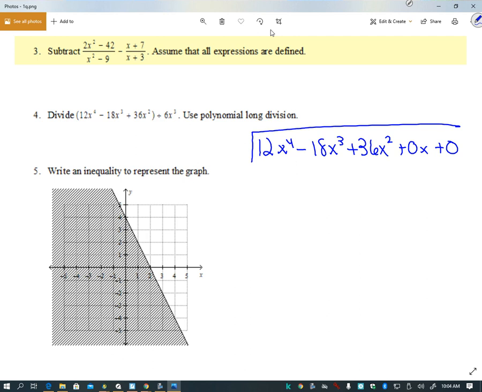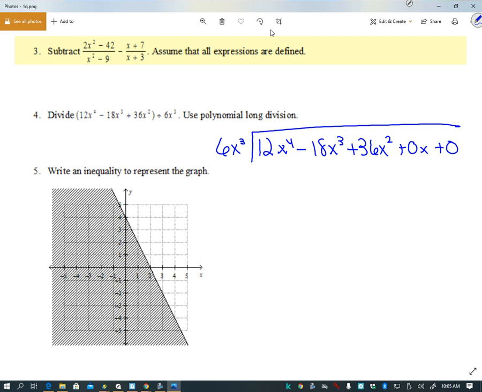Okay, what am I dividing this by? 6x cubed. Okay, let's go back to my back table to my left. 6x cubed into 12x to the 4th. What do I have to do there? I want to get 6x cubed into 12x to the 4th.